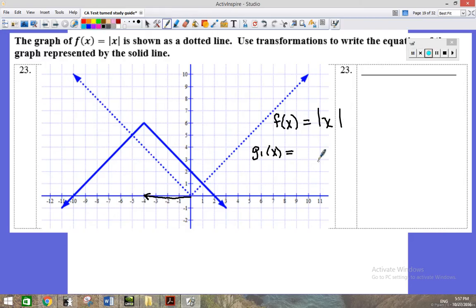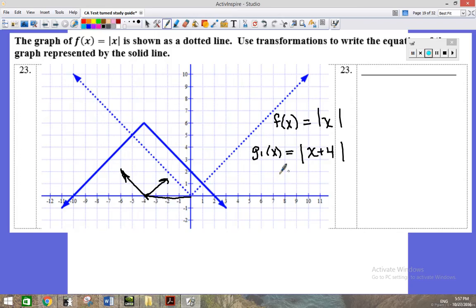Before we take the absolute value, you take x, and instead of subtracting 4, you add 4. So this vertex that's at the origin would shift to the left, and that V would be there at negative 4, opening upward just like that.